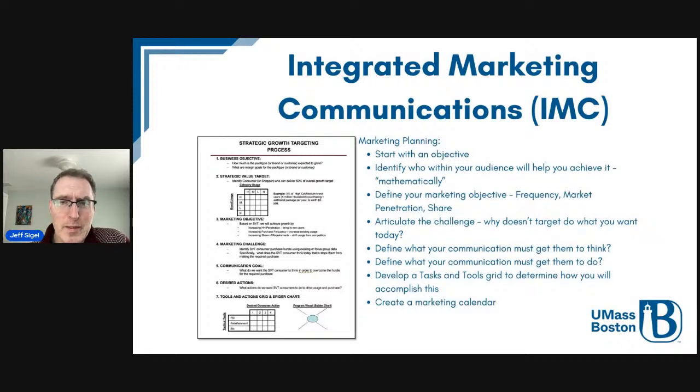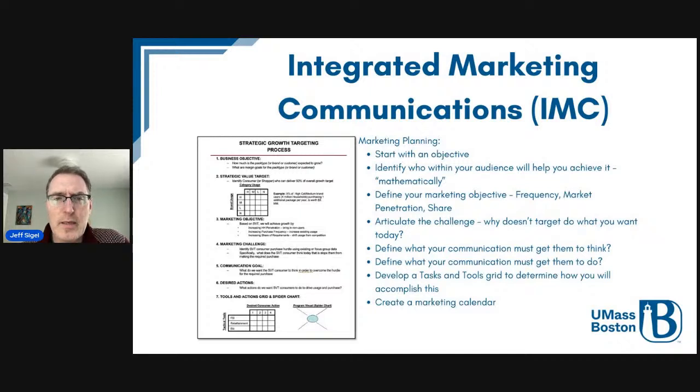So $25 million, right? So basically you're starting with, I need to grow my business by $25 million, or it might be, I need to increase my share by 1 point or something like that, but some business objective, typically tied to sales or profit, sort of a company objective.